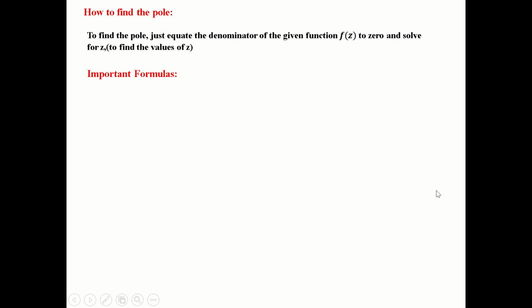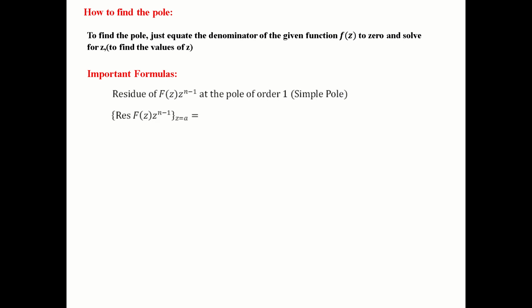Some formulas to find the residues. How to find the residue of f of z, z power n minus 1 at a pole of order 1? The residue of f of z, z power n minus 1 at z is equal to a, a pole of order 1, is equal to limit z tends to a, (z minus a) f of z into z power n minus 1.